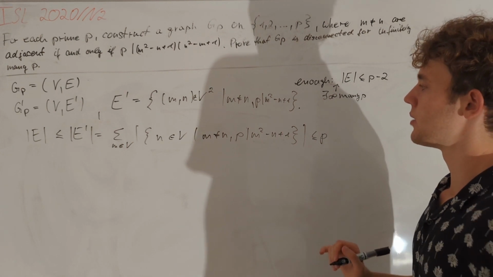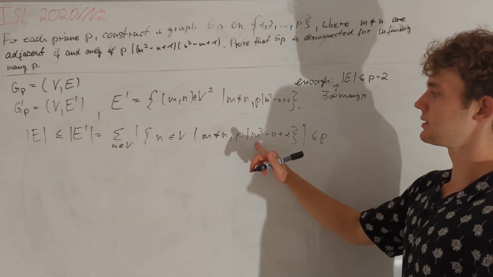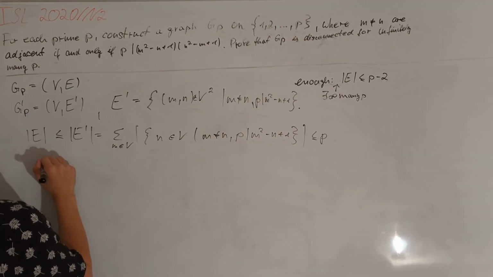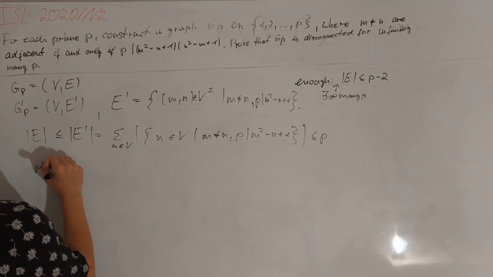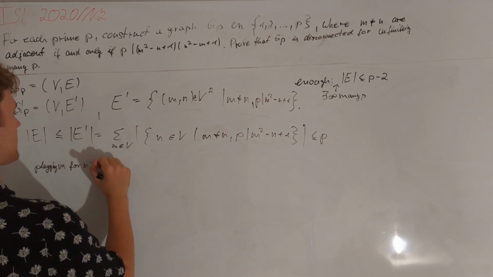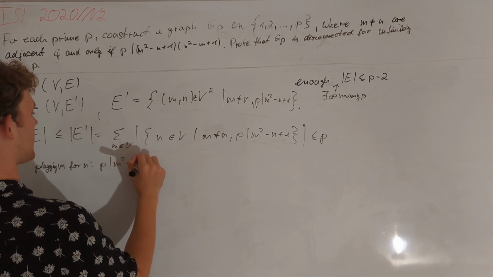In particular, we need to have two residue classes such that plugging in m for n gives p divides m squared minus m plus 1.